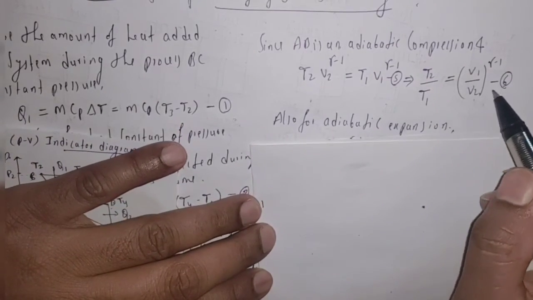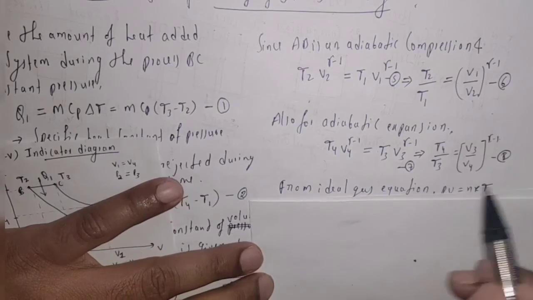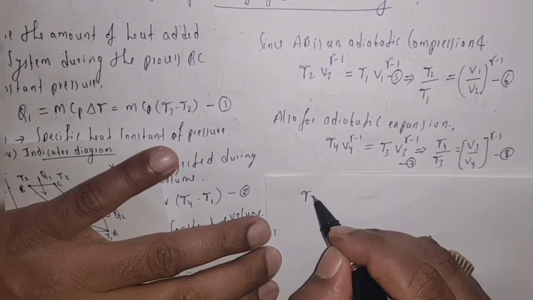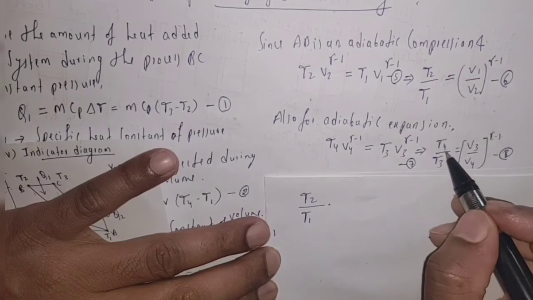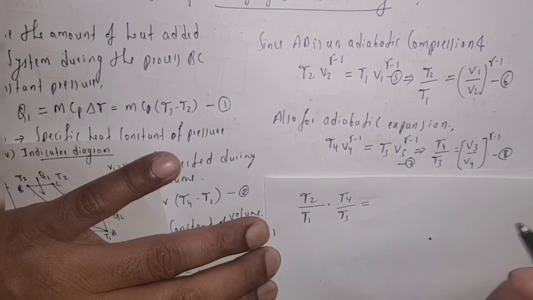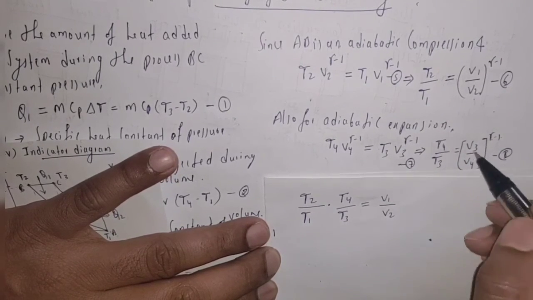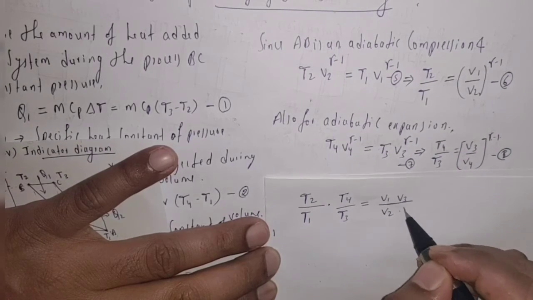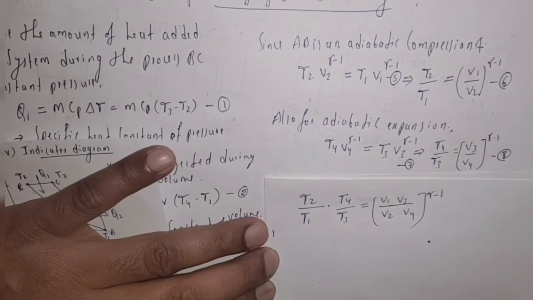Okay, now I am going to multiply equation 6 into equation 8. Then we are going to get T2 divided by T1 into T4 divided by T3, which is equal to V1 divided by V2 into V3 divided by V4 whole power gamma minus 1.